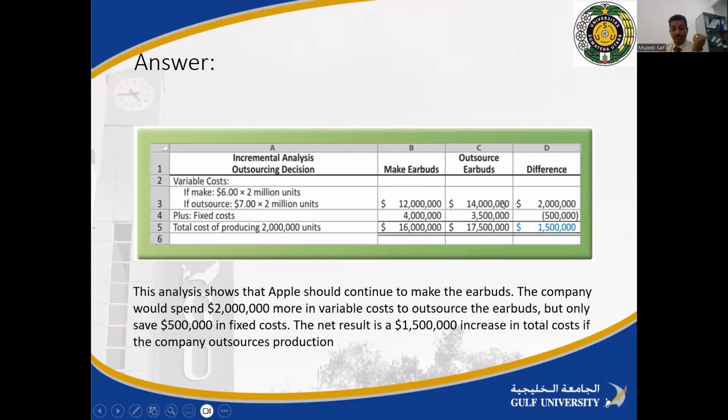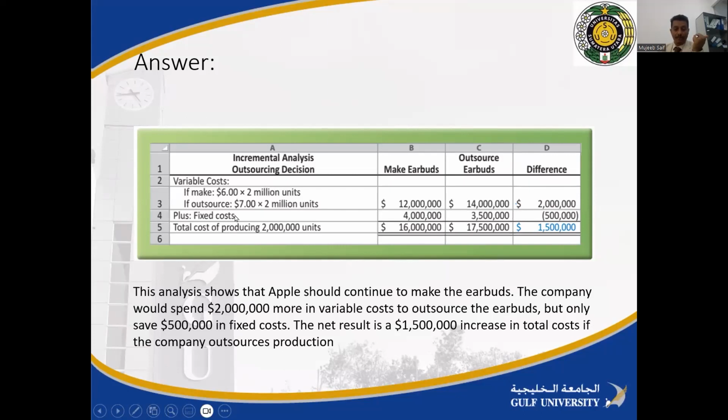And if we want to purchase it from outside, we will pay $7 for each one, so we should pay variable cost of 14 million. So here there is a difference. Making it inside is better than outside, right?